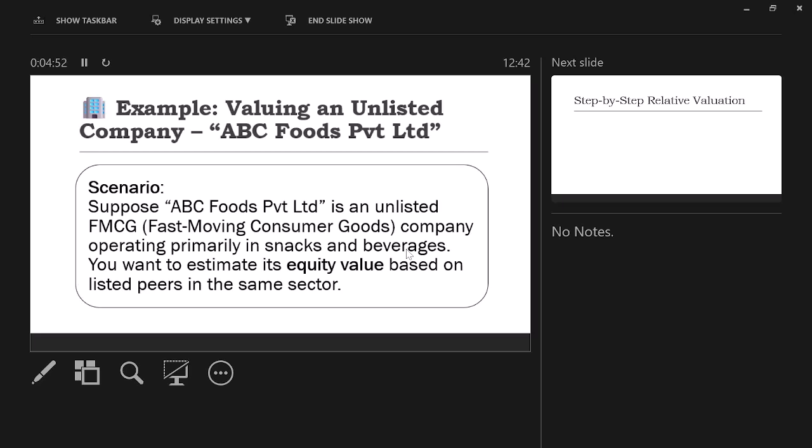Shrishti, can you read? On listed peers in the same sector. Yeah. Suppose ABC Food Limited is an unlisted. There is some other thing also along with it.